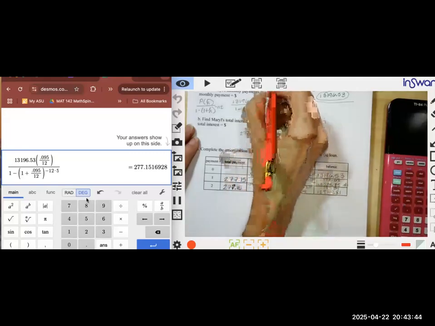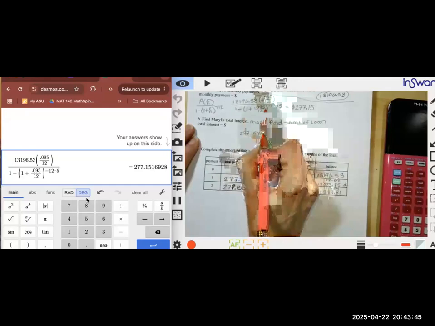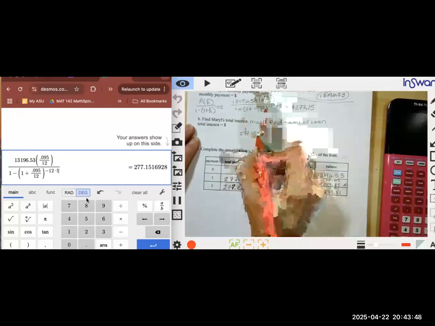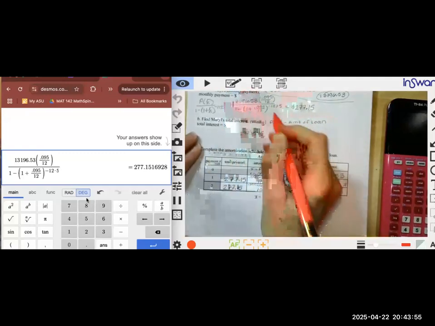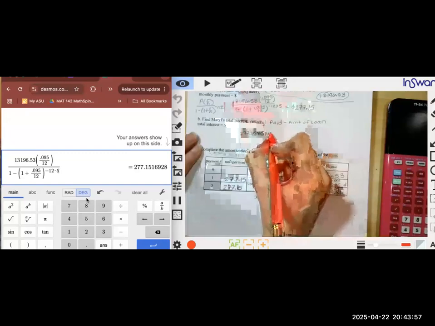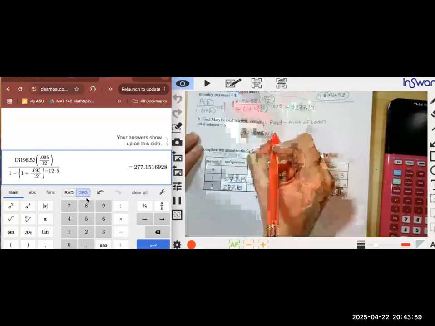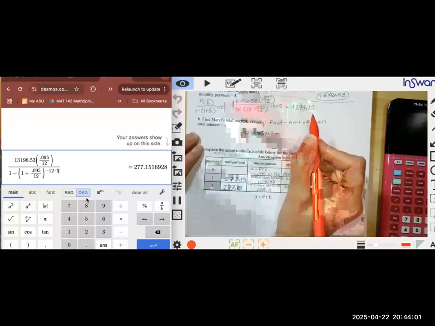She paid that for 5 years. It doesn't tell us monthly. Oh, it does say monthly right here. There we go. There's the monthly. So times 12. And from that, we subtract out the amount of the loan.